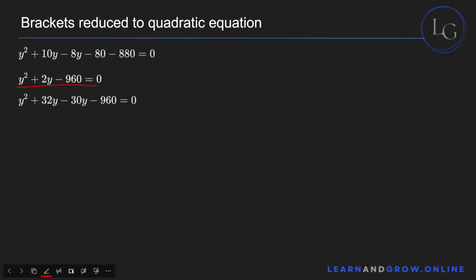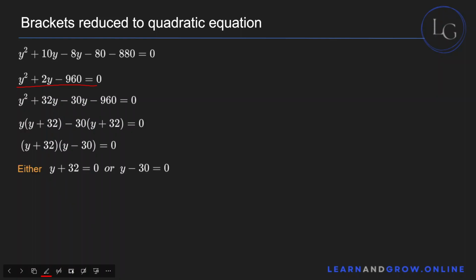Now you solve for y by using factorization or any method that you fancy, and you get two values of y. y is equal to minus 32 and y is equal to 30.